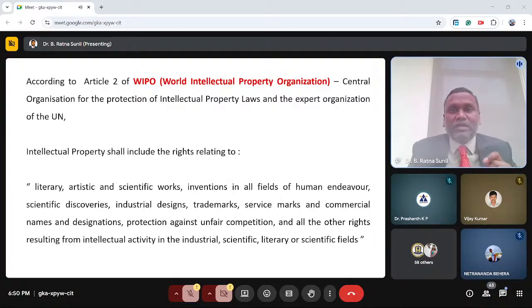It's a big definition, but one thing we can understand: IPR is related to the protection of intellectual creative properties. These rights will give us the protection for the intellectual creativity and the invisible capacity that I have built.